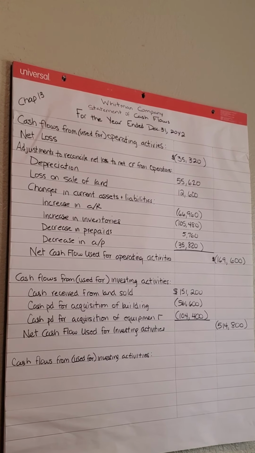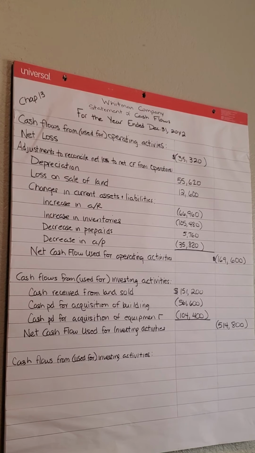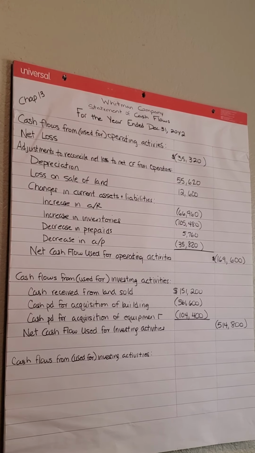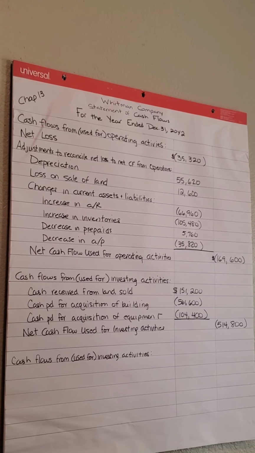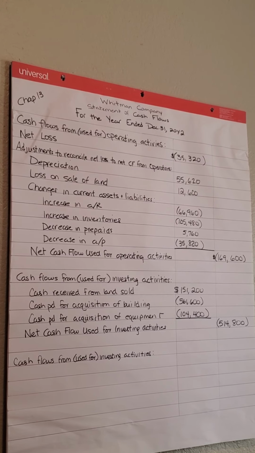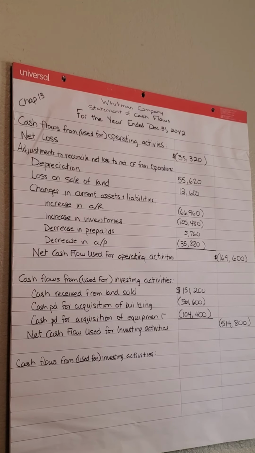So we're going to want to look at, we're done with all of our asset accounts. And the next account we want to look at is the bonds payable account. And if we look at that account, it shows that we issued on May 1st, 20-year bonds for $270,000. So that's going to be an influx.